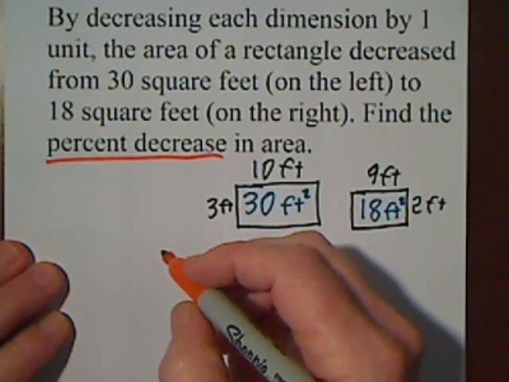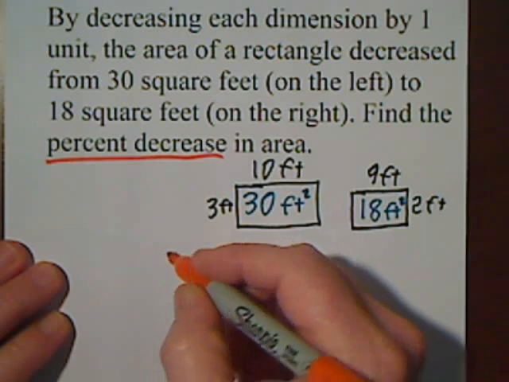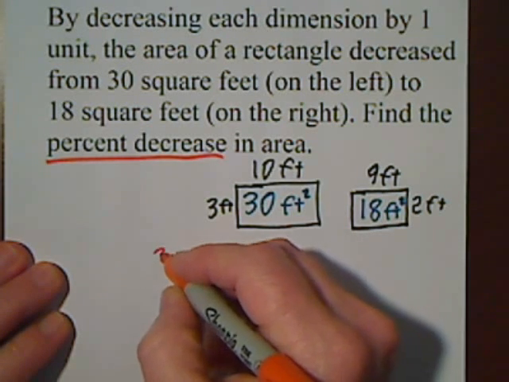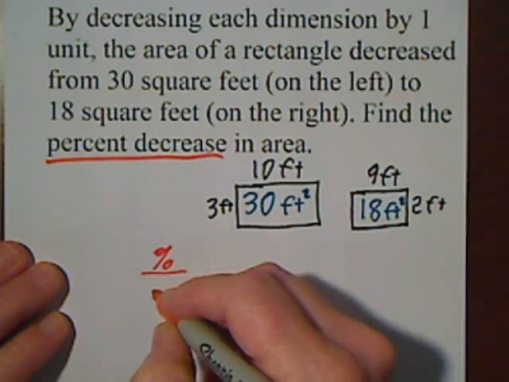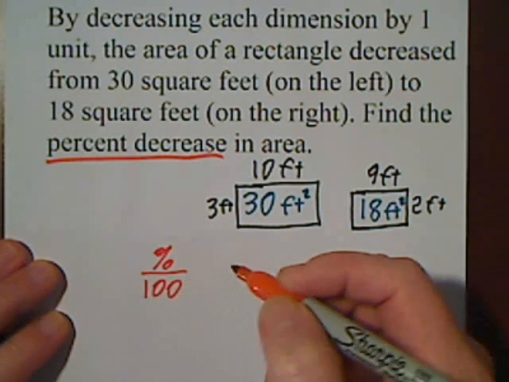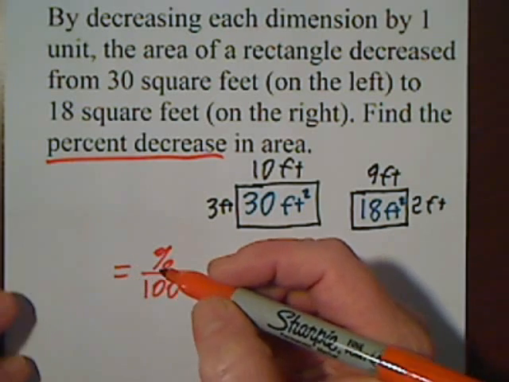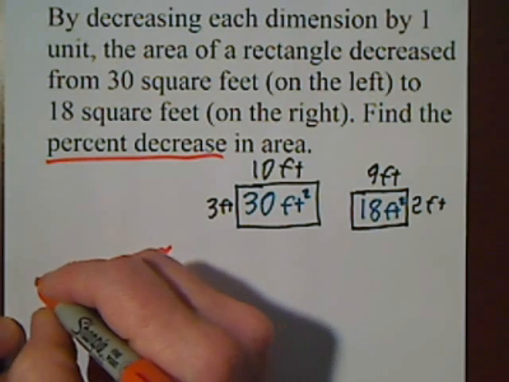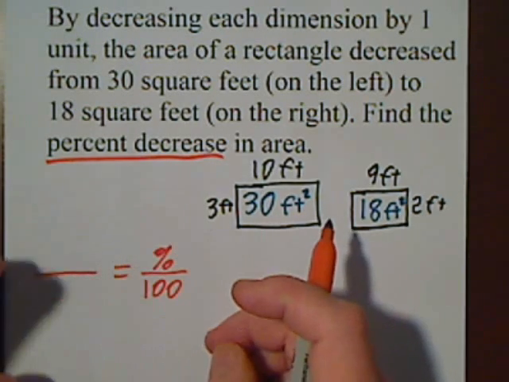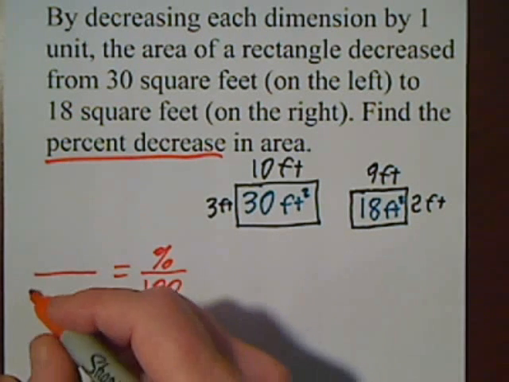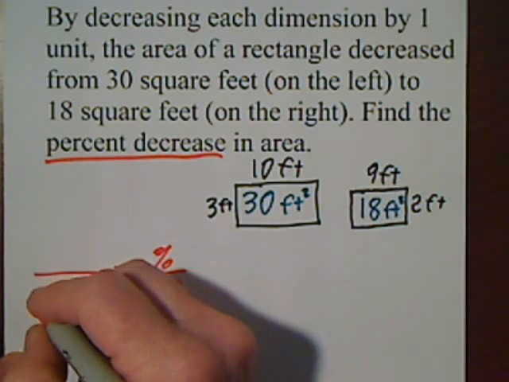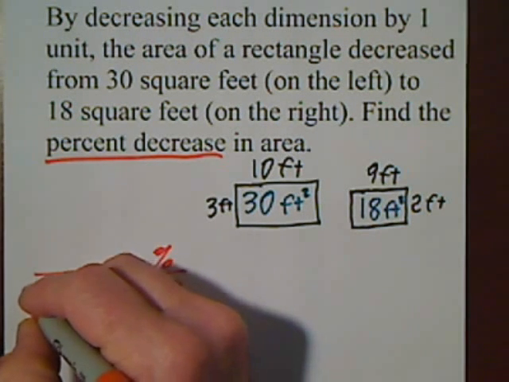To solve short percent sentences, perhaps you've seen this approach. You can put your percent over 100, and then that's going to be equal to another fraction here. Now, the original amount goes on the bottom.